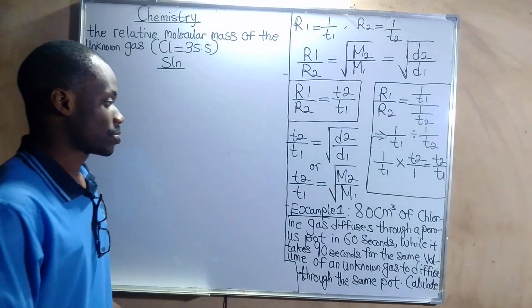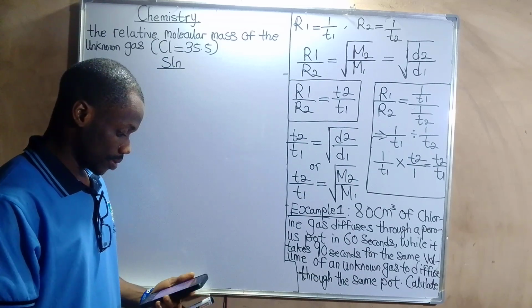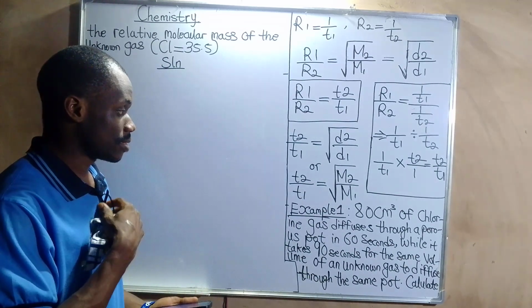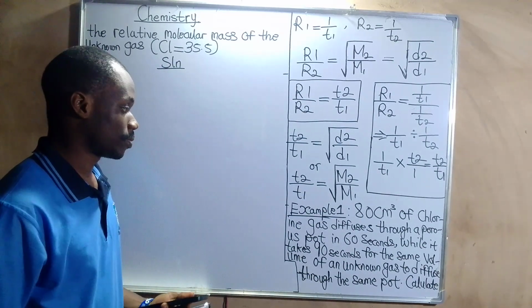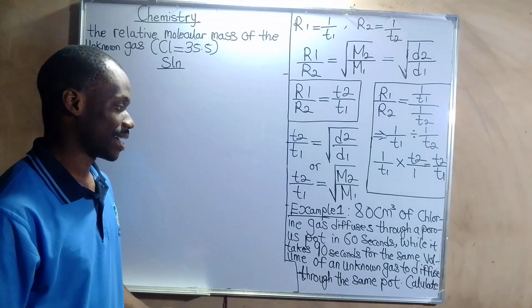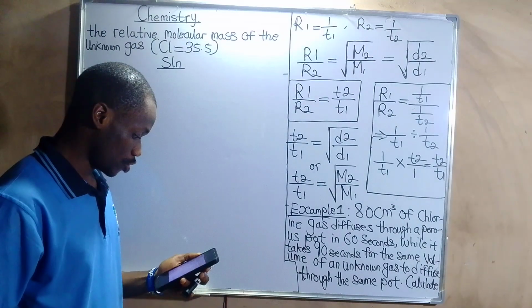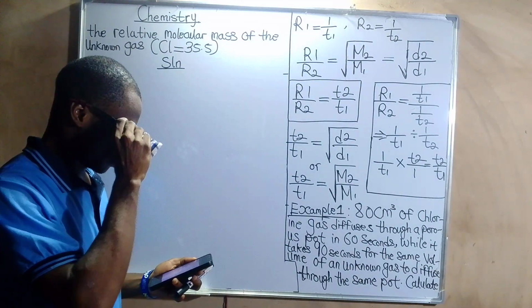So the question before us says 80 centimeter cube of chlorine gas. Let me be sure that's what I copied.